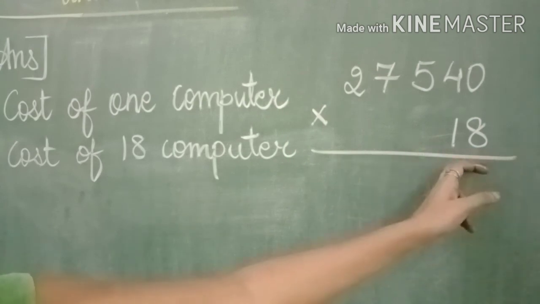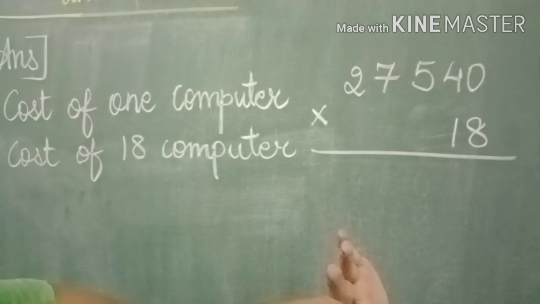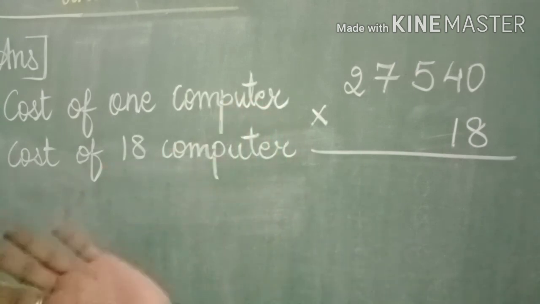8 is standing in the units place, 1 is standing in the tens place. So we have to multiply.